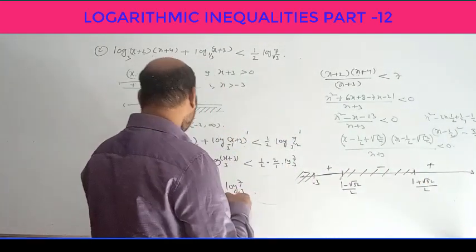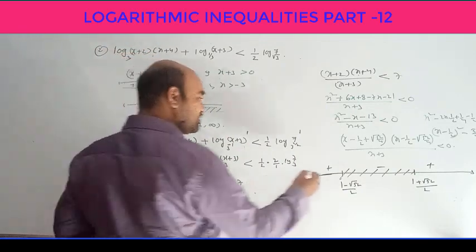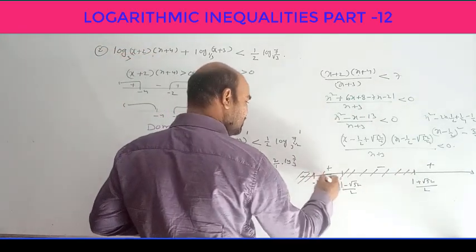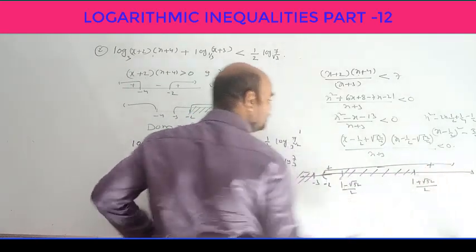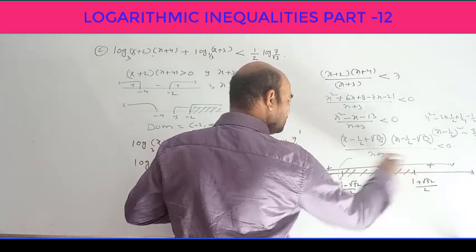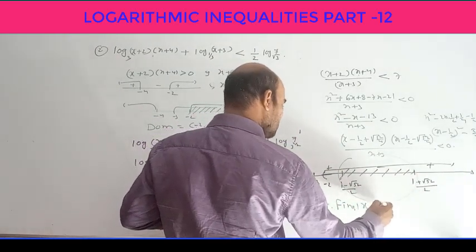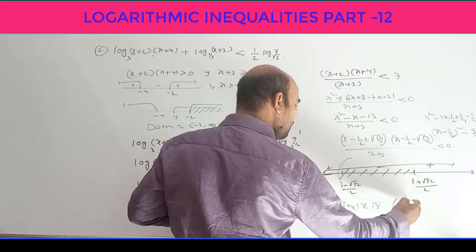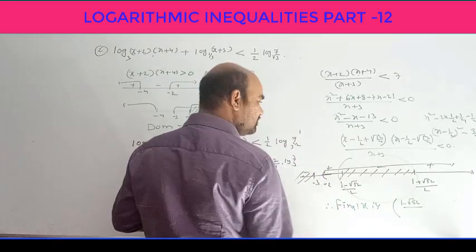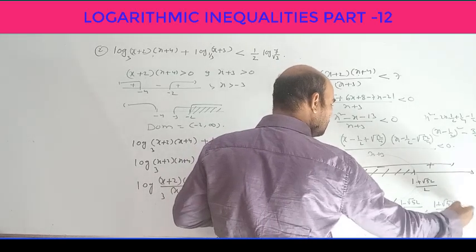But what is the domain saying? Minus 2 to infinity. So I can say that my common area is this. Final x is open 1 minus root 53 by 2 to open 1 plus root 53 by 2.